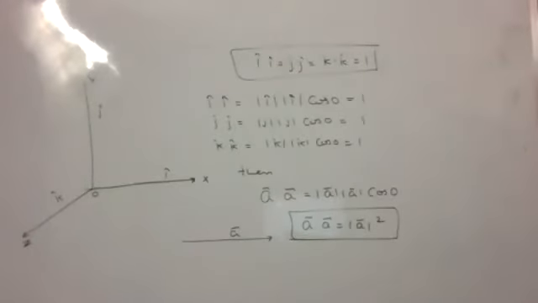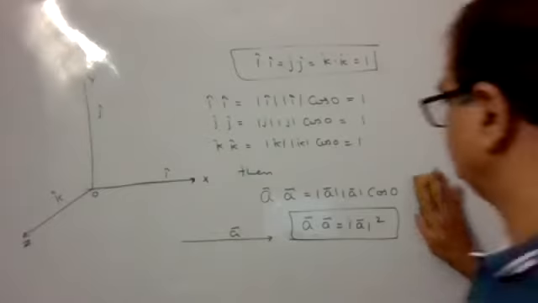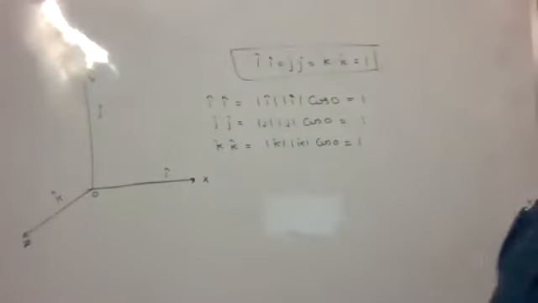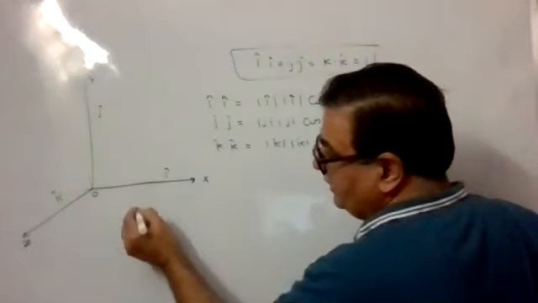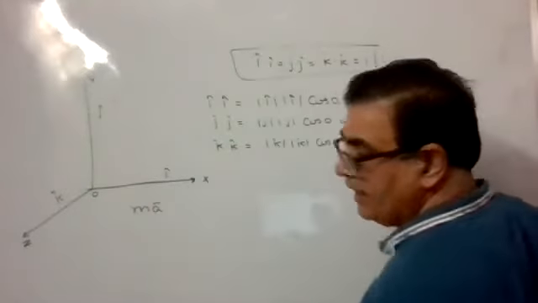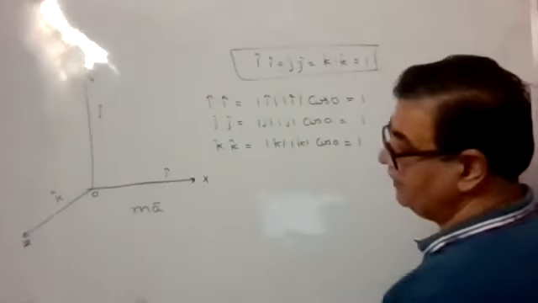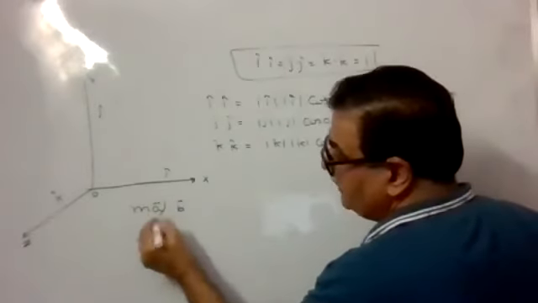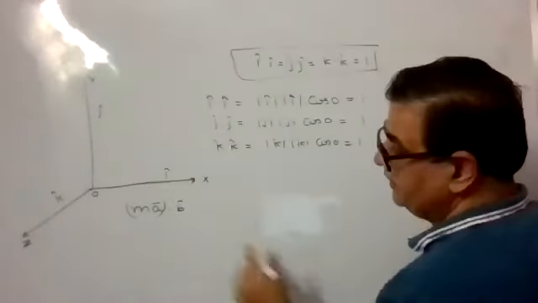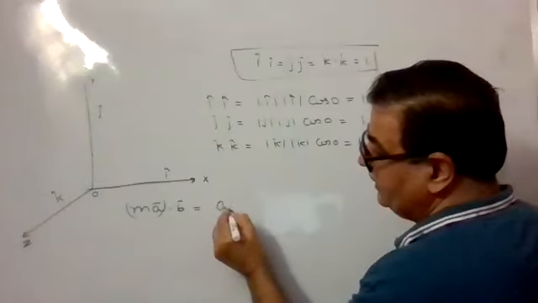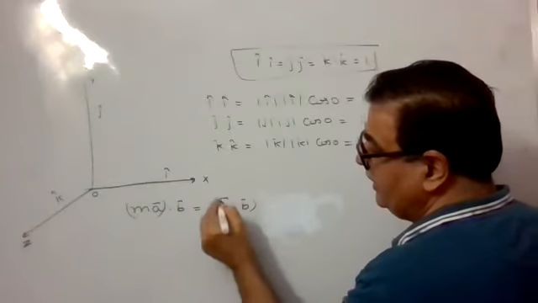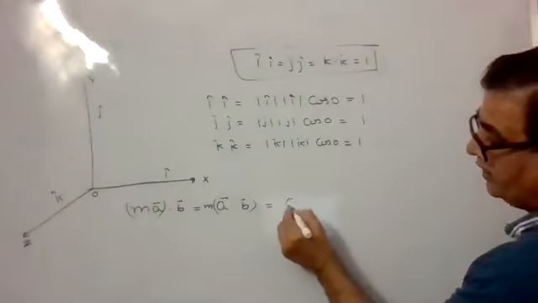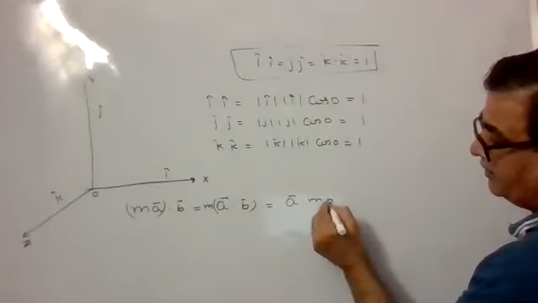Next, property number 5. What does property number 5 say? If you multiply m with any one of the vectors, where m is a scalar quantity and A is a vector, then m A dot b can be written as m times (A dot b), or A dot m b.